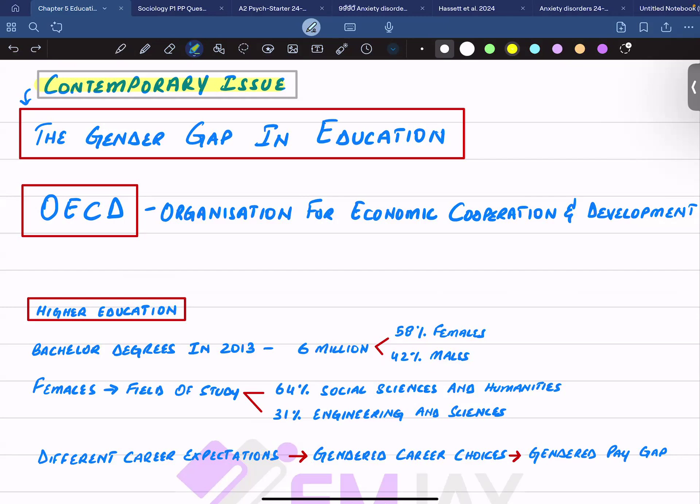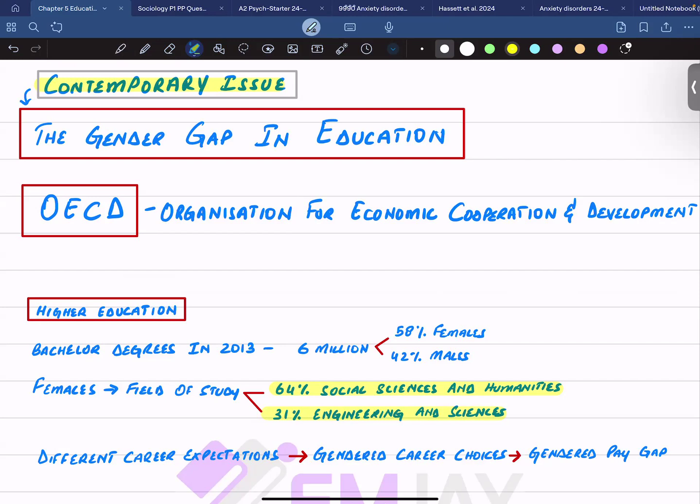Likewise, if we talk about differences in terms of the field of study, or subject choice, it was seen that 64% of the degrees that were pursued by females were from social sciences and humanity. However, only 31% of the girls pursued engineering and sciences.